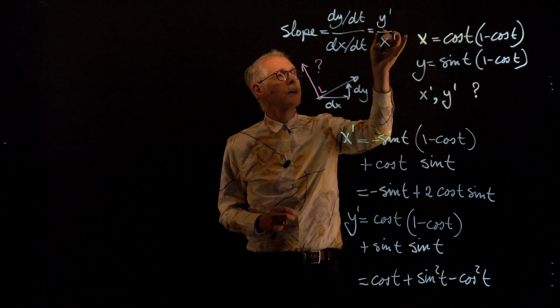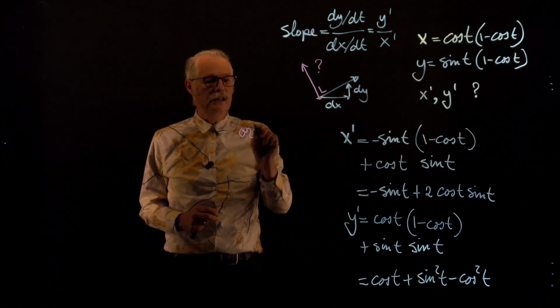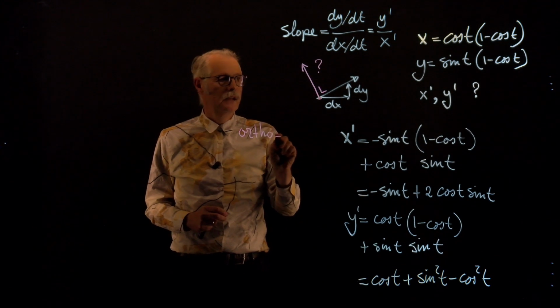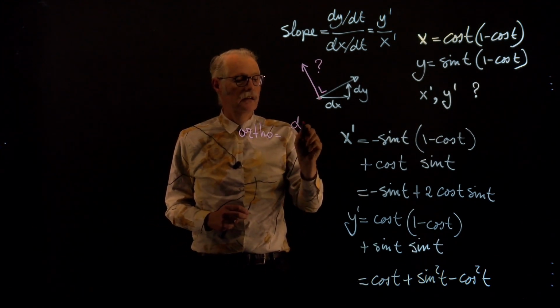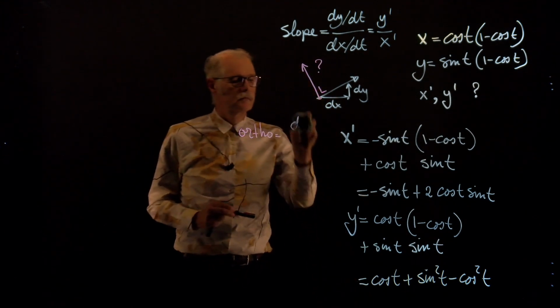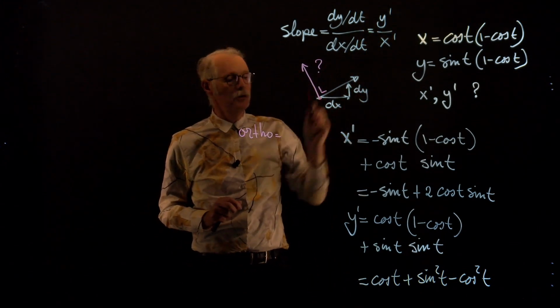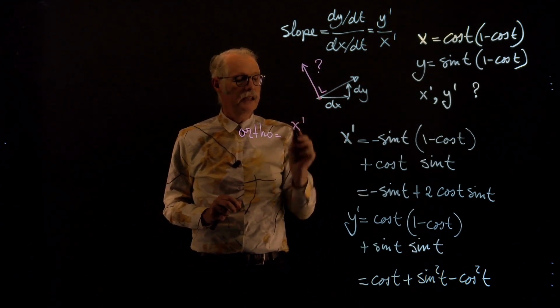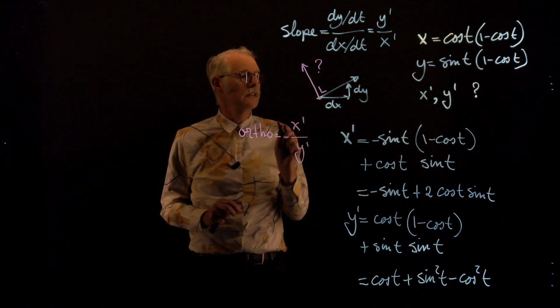Well, if we have the y prime and the x prime, the orthogonal direction is easy as well. It's just the inverse of it, so it's not the y prime over the x prime, it's the x prime over the y prime, and I add a minus sign.